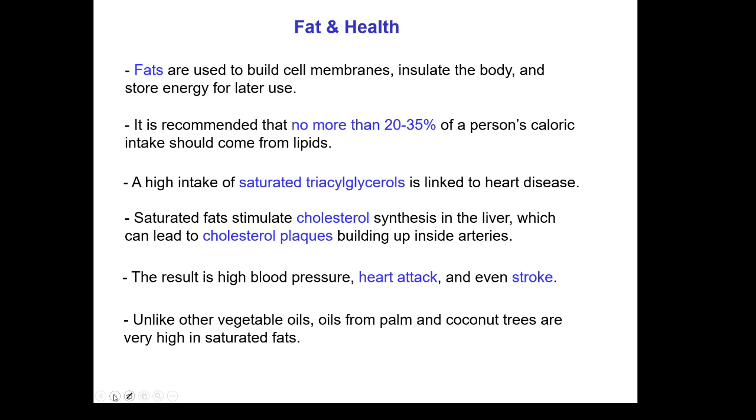There was a movement at one point in time, still kind of is depending on who you talk to, around palm oil and especially coconut oil. Coconut oil was this big fad in the early 2000s to use for cooking because it's healthy and so on. Coconut oil is full of saturated fats. How do you know? If you've ever cooked with coconut oil, what is it at room temperature?